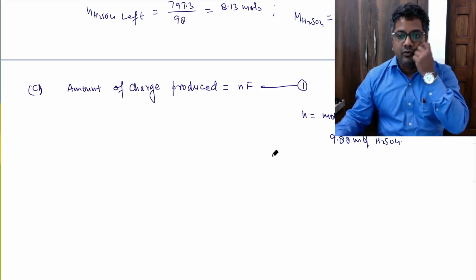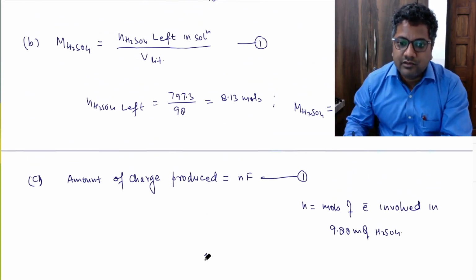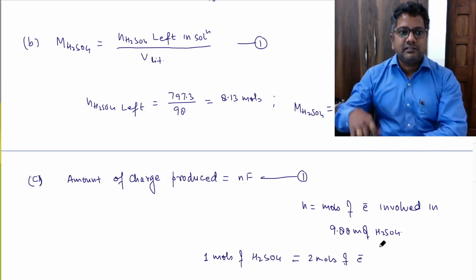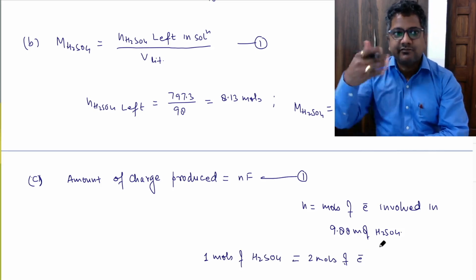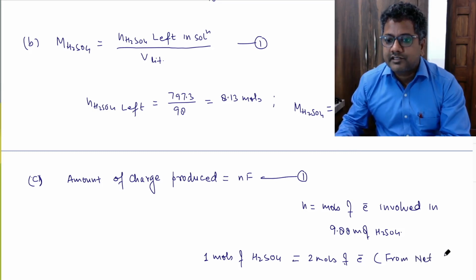As we know, 1 mole of H2SO4 involves 2 moles of electrons in the discharge or charging process, as from the equation. From where have I taken this? From the net cell reaction.